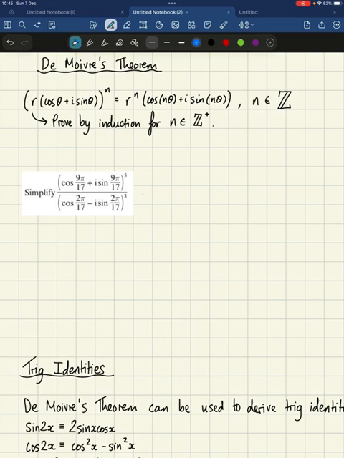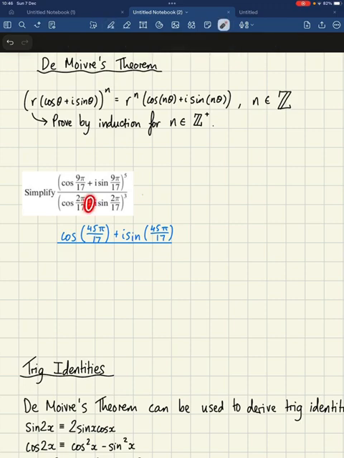So there'll be nothing in front still. But now we multiply theta by n. So we're going to get cos of 9 pi by 17 times 5, which is 45 pi by 17, added to i sine 45 pi by 17.